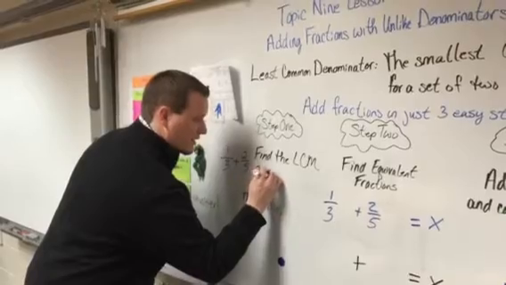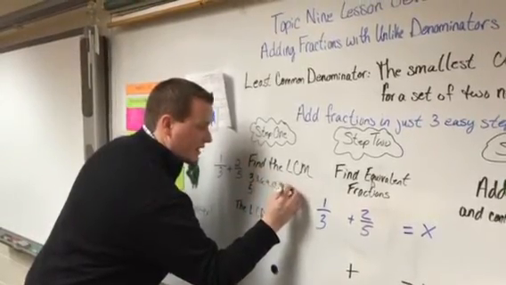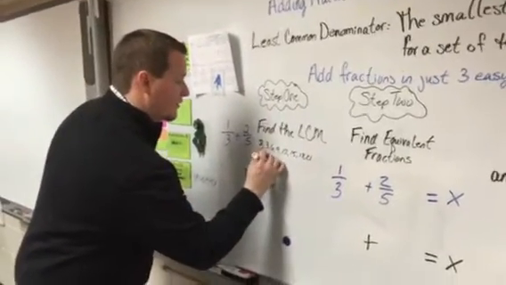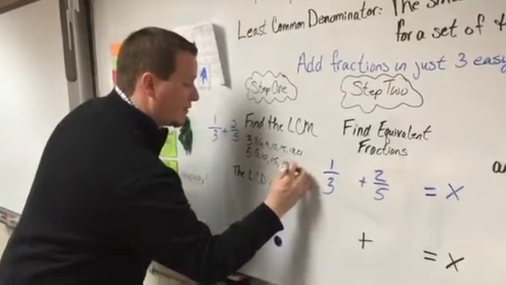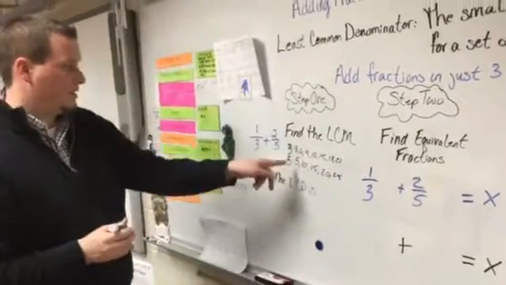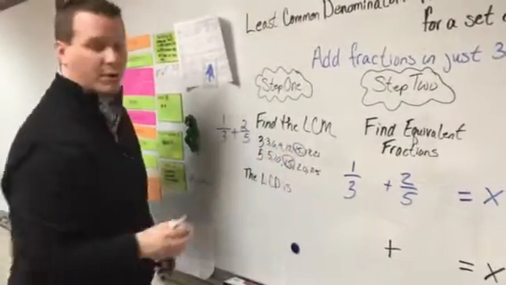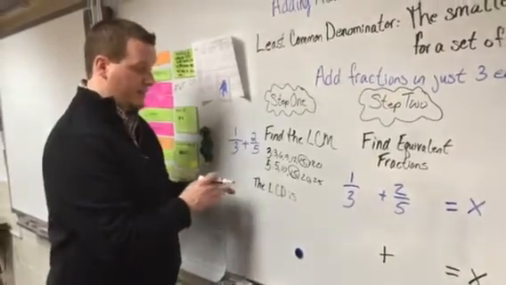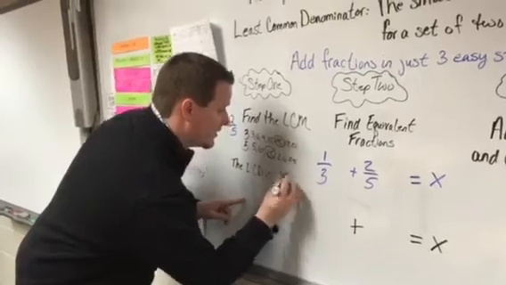So 3, 6, 9, 12, 15, 18, 21, and let's look at number 5 too. 5, 10, 15, 20, 25. As I look through these two sets of numbers, I notice that 15 is in both of them. So 15 is the LCM. And if 15 is the LCM, then the LCD is 15.